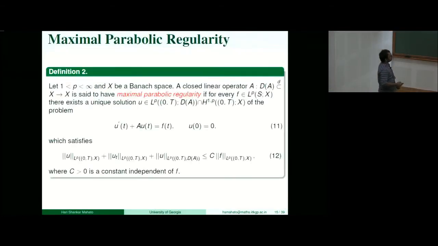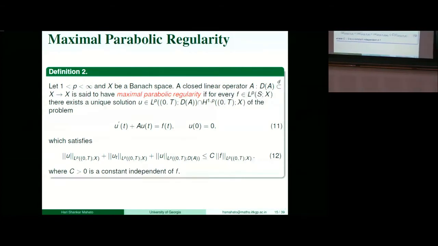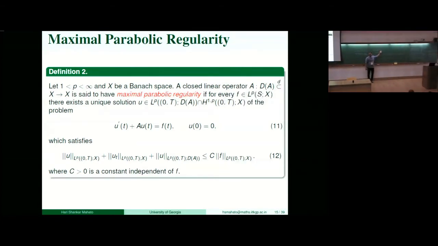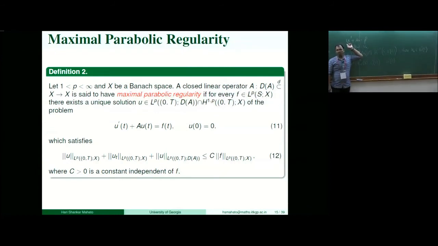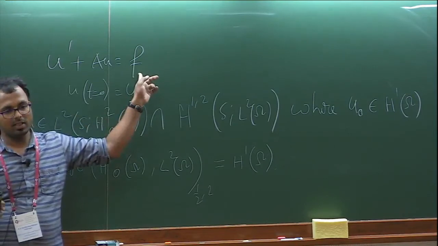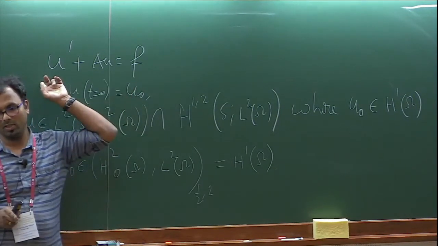And we also needed another tool from parabolic theory. From parabolic equations, we know that whatever space you consider your function belongs to, the time derivative will always be one space less regular. So that means if your f is in L2, your u dash will be in H minus 1.